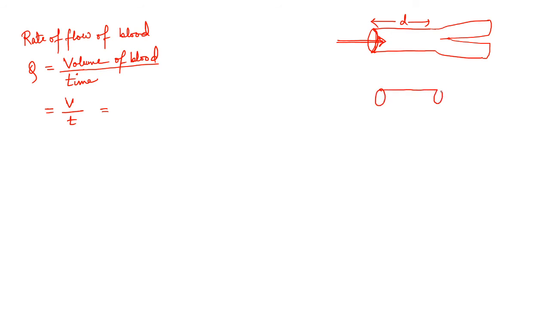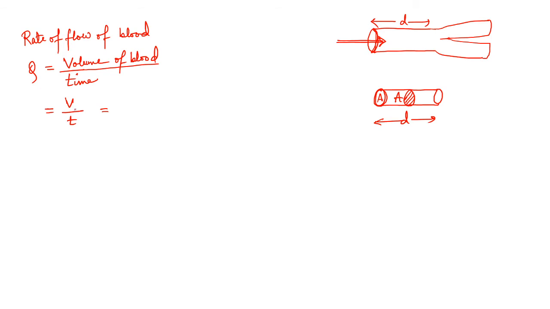Suppose this is the larger vessel, where d is the length of the vessel and a is the area of cross section of the vessel, like this. So this area is a, and d is the distance or length of the vessel, or the distance of blood flowing through this vessel.